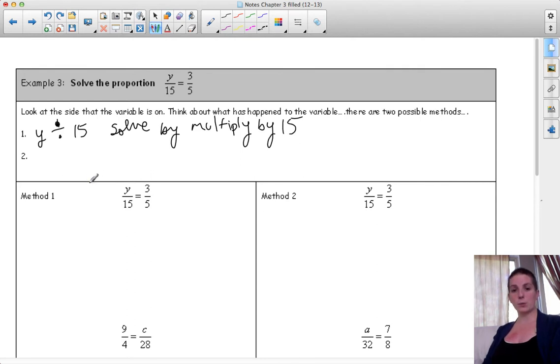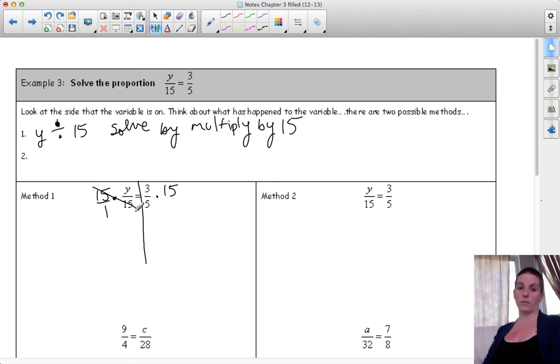I'm going to leave method 2 blank for now. So method 1, it was divide. So I'm going to multiply the left side of the equation by 15. And I'm going to multiply the right side of the equation by 15. On the left, 15, remember that's really 15 over 1.